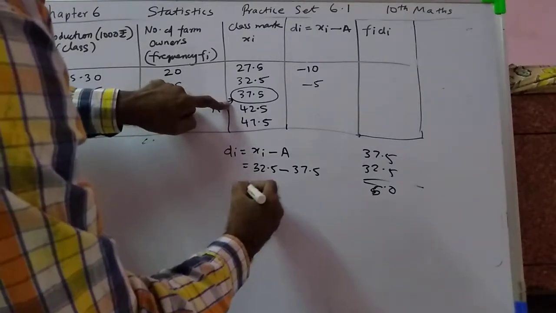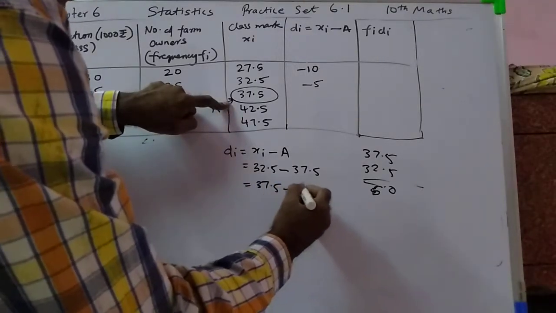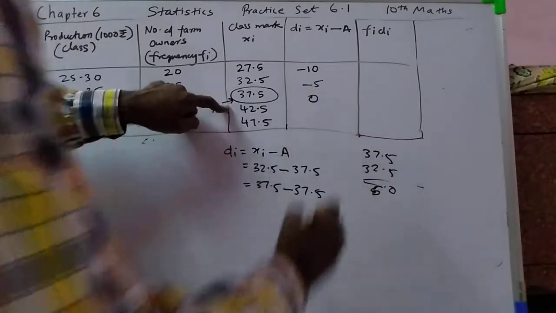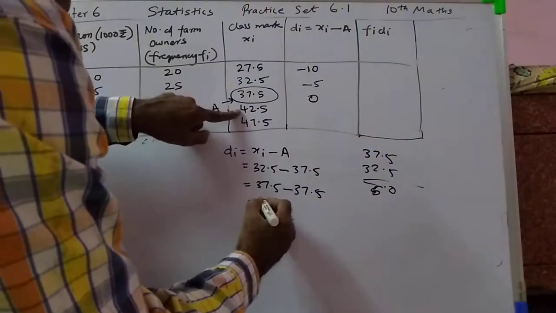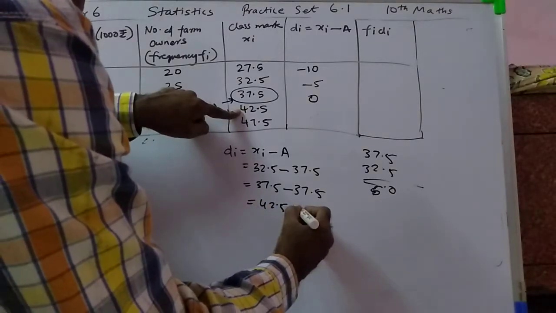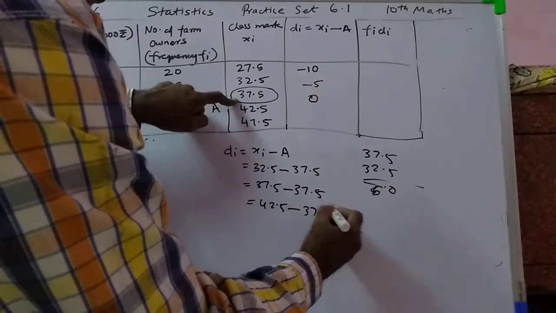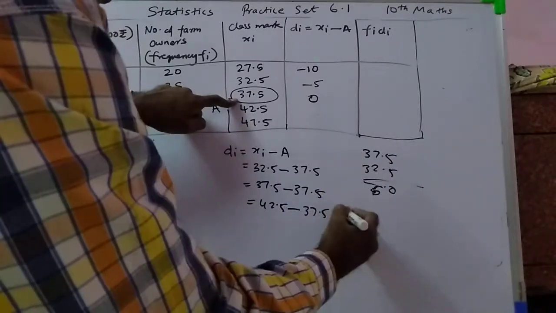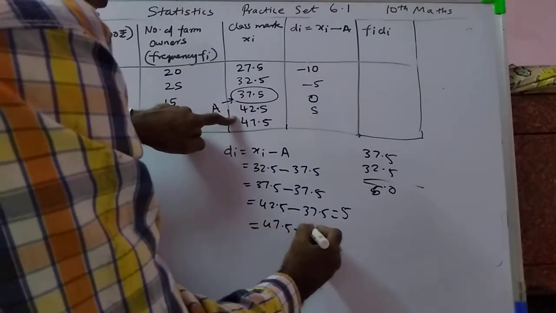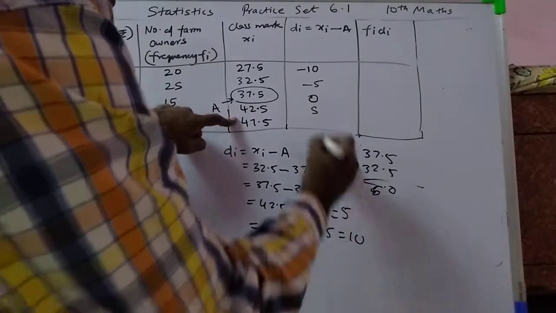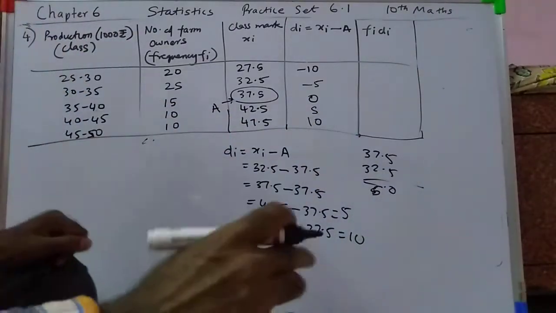Then take 37.5 minus 37.5, that is 0. And take 42.5 minus 37.5, get 5. Then 47.5 minus 37.5 is 10. Okay, I got this.